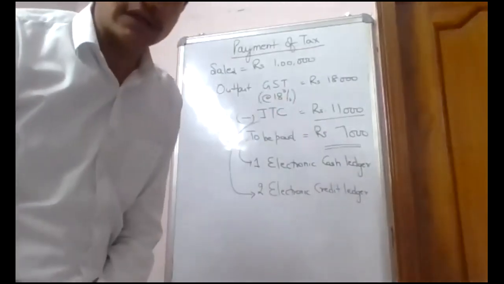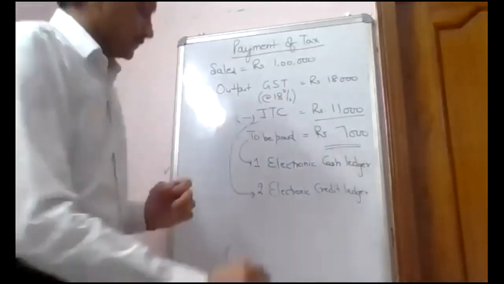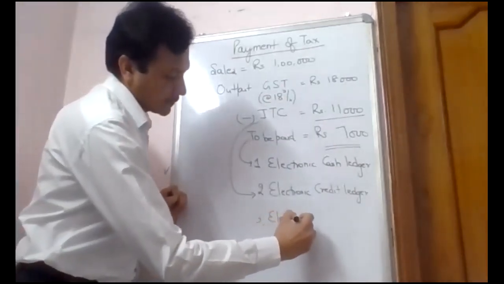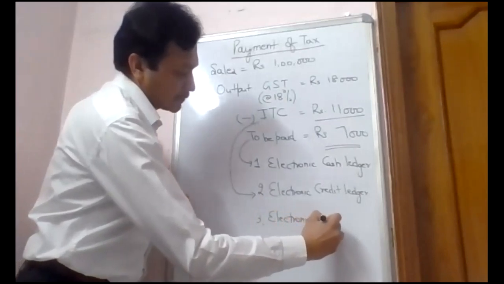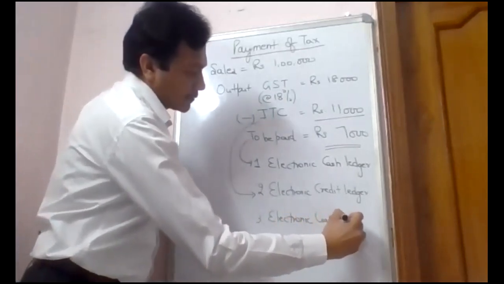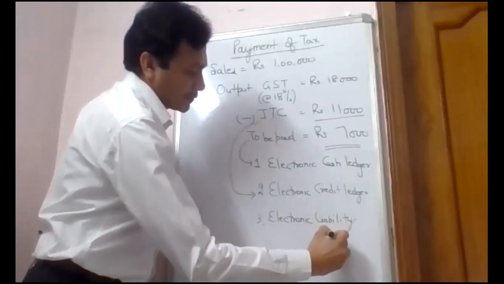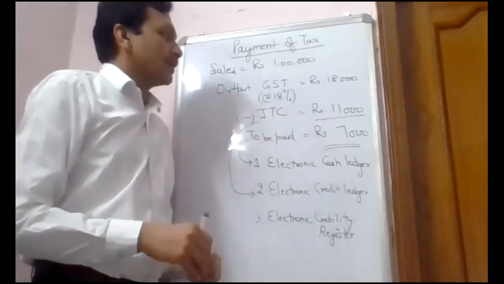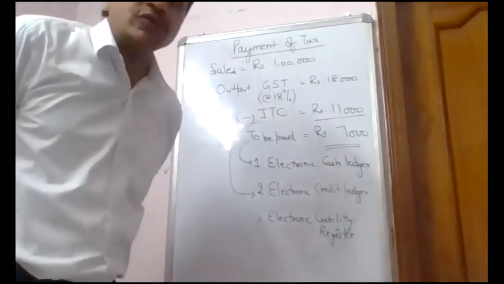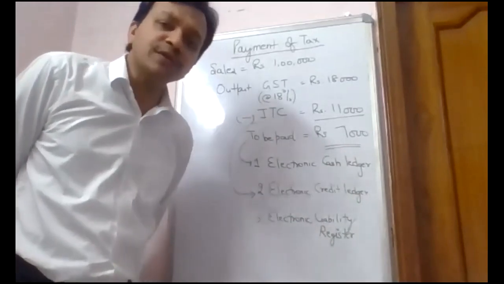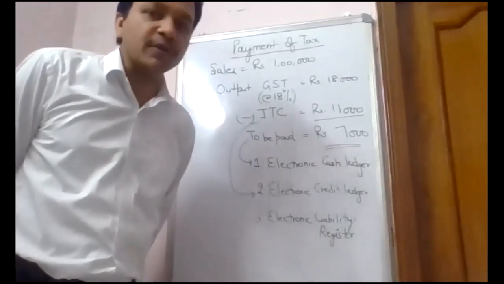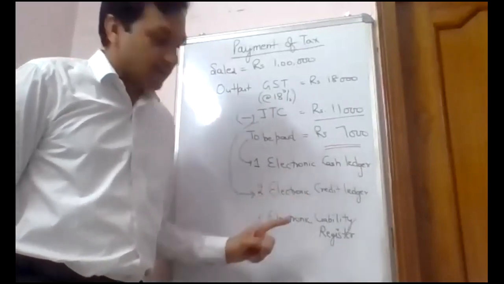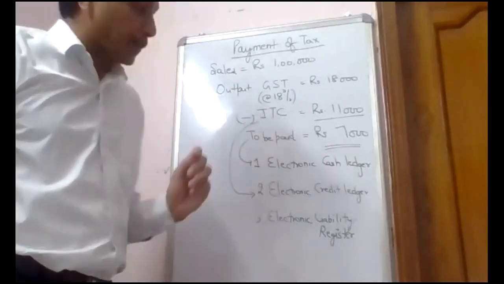And my third account is known as electronic liability register. So these are the 3 accounts which you will study in this lecture, payment of tax: electronic cash ledger, electronic credit ledger, and electronic liability register.